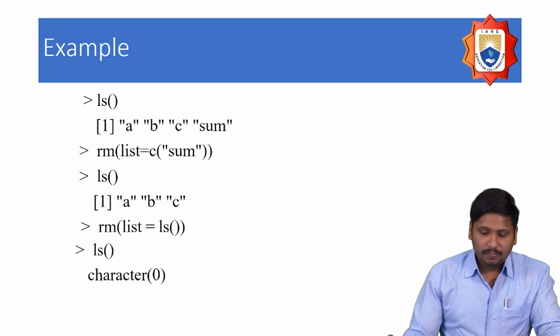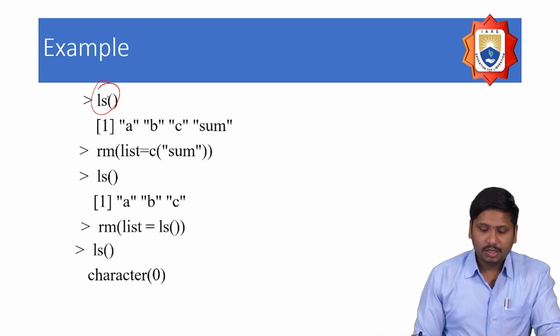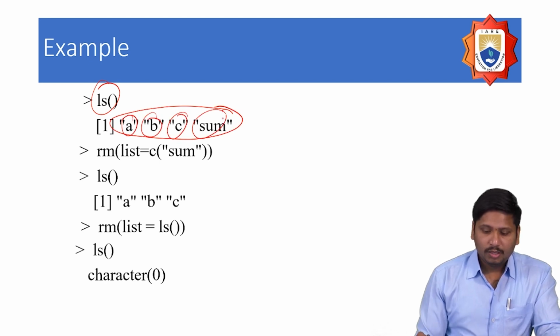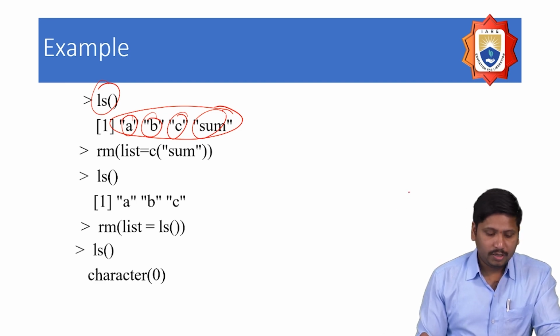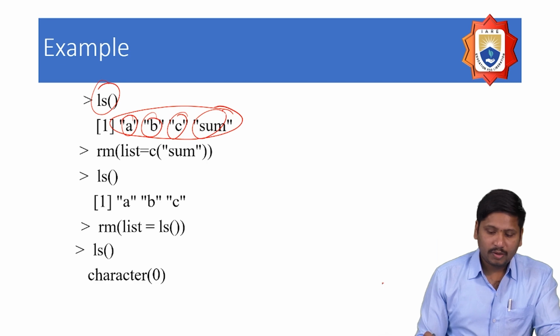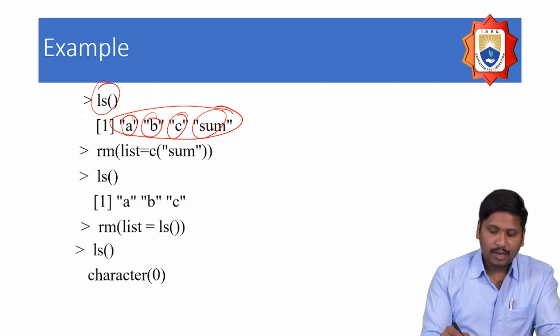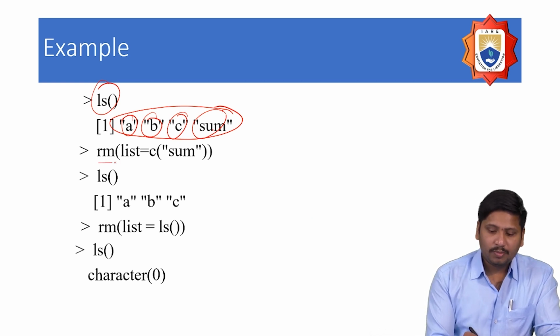Let's see how we are going to use this rm. I use the ls function initially. What are the variables I have? a, b, c, and then sum. This is listed by making use of the ls command. Once that is done, I want to remove the variable sum, I want to delete it. At that time, rm is the command.